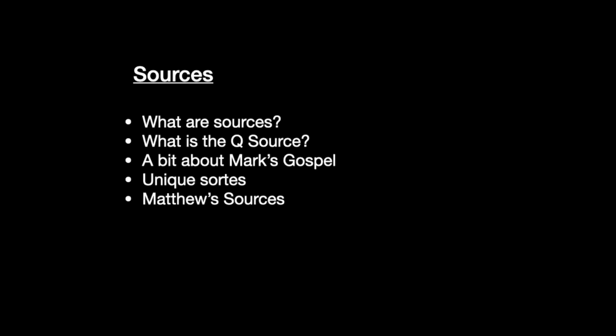The other thing that's common to the Synoptic Gospels and also to John's Gospel is their use of what is called a Q source. Now, Q is for Quelle, which is a German word that means source. So how do we know that there is this Q source?